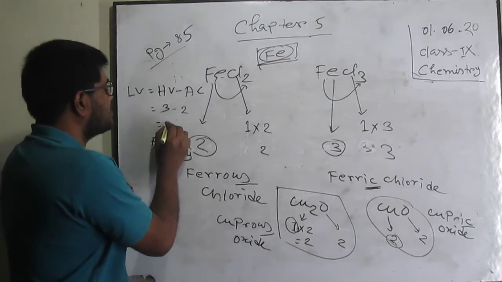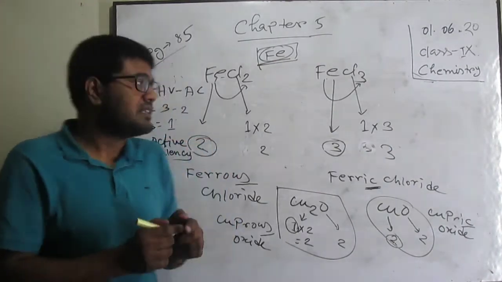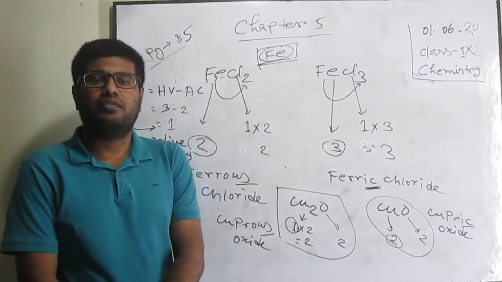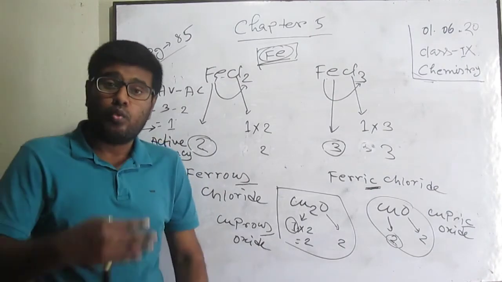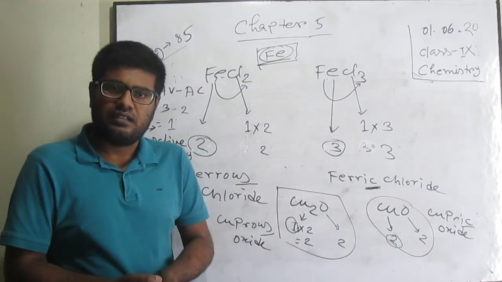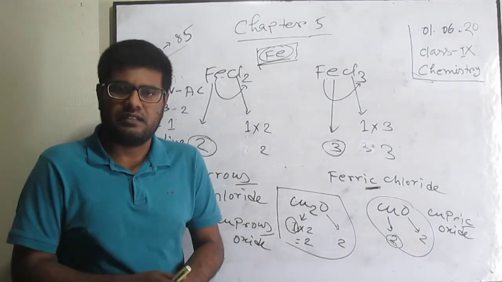So what is the difference? 1. So 1 is called the latent valency of this iron. We should practice a lot to identify valency, variable valency, latent valency, and active valency.